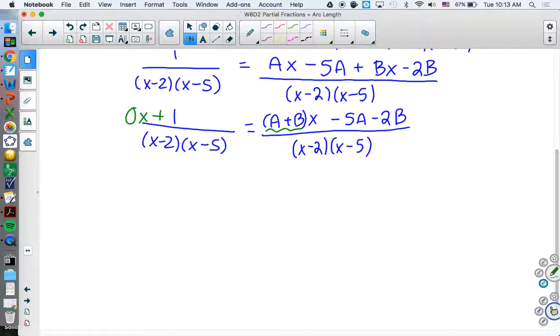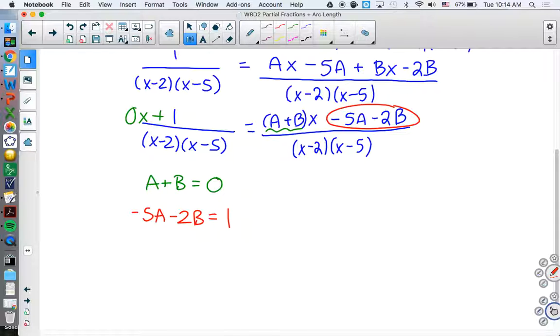So I'm going to set that equation. So a plus b has to equal 0 because I have no x's. Can you write another equation about a's and b's? Negative 5a minus 2b is 1. These are the constants, and negative 5a minus 2b has to equal 1.